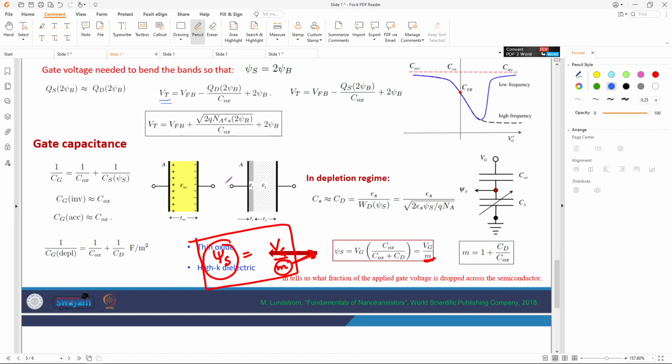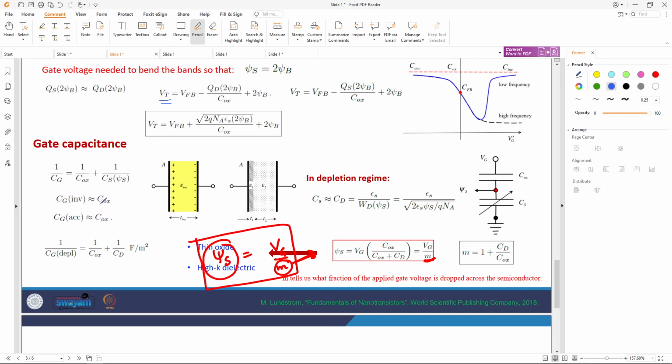And finally, we can get the net gate capacitance. The gate capacitance will be a combination of 2 capacitances in series. One is due to the presence of the insulator, the oxide, and the second is due to the semiconductor itself. The semiconductor also acts as a dielectric. Because of that, the gate capacitance is written as for two capacitors in series, this is the net capacitance.